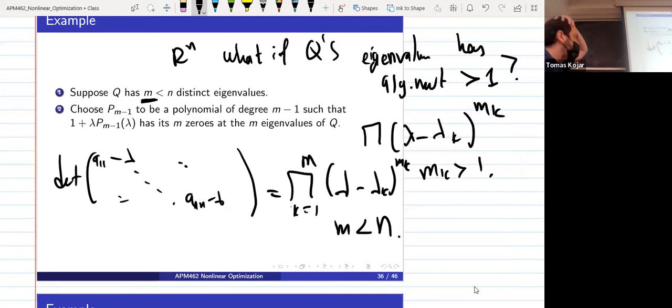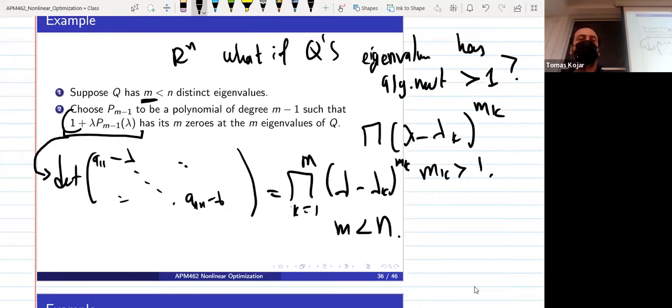And this is a polynomial, and it has zeros at the eigenvalues. So this is the polynomial they're talking about in the book. It's just the characteristic polynomial.